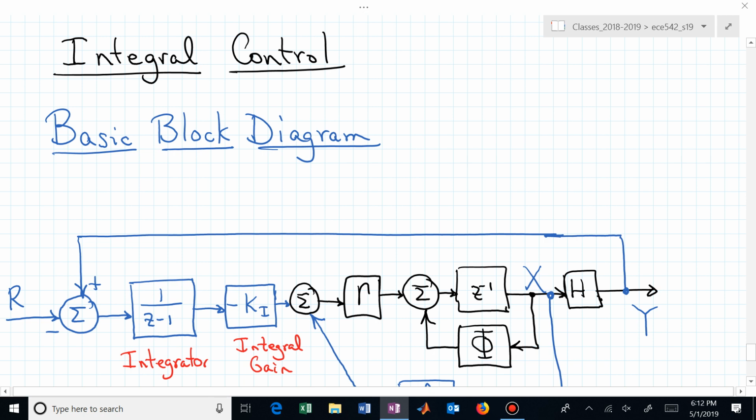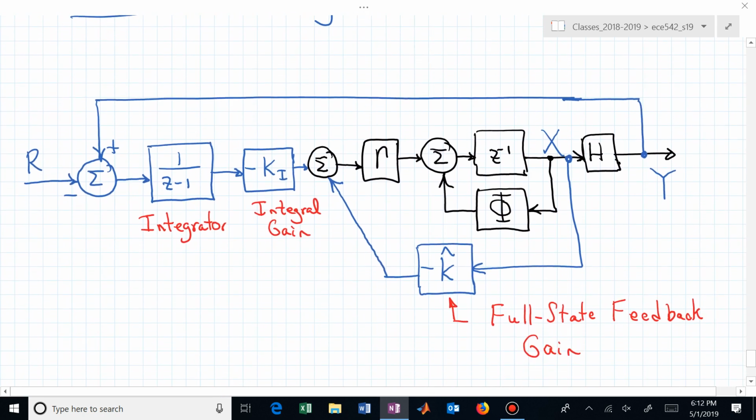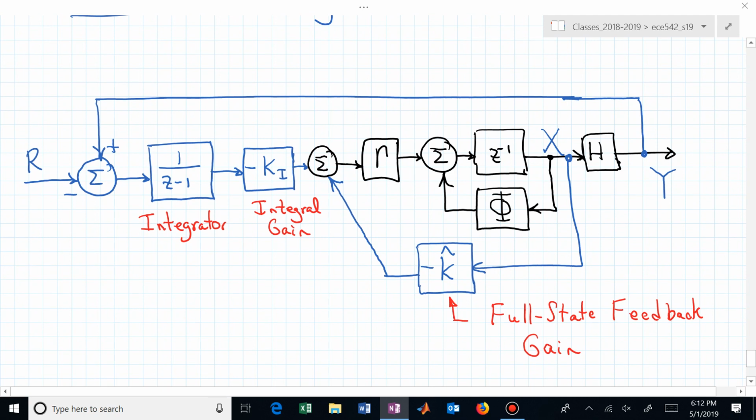Well, we've now put that into our system. We've augmented our system. The original system is this system in black that has gamma, phi, and h, and z to the minus 1 is a bank of delays. We're assuming now, again, that we have access to the full state. We're just trying to show this concept.